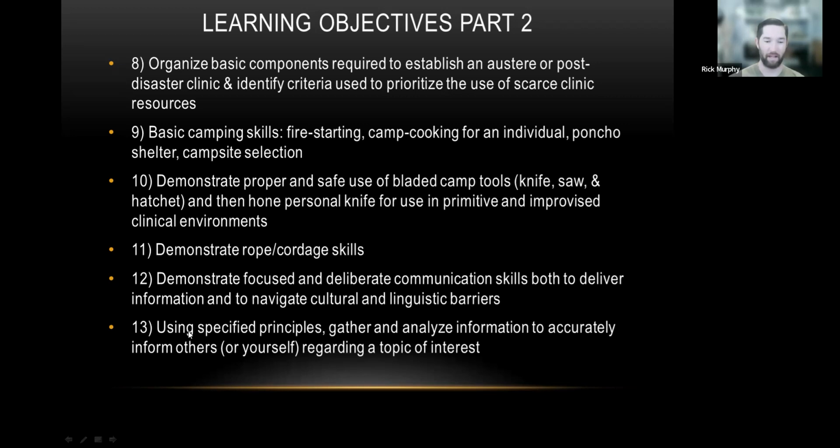And then the last point here, you get to hear about my intelligence background. How do we gather information and accurately inform ourselves and others about a topic without throwing all of our biases and everything into it. How to do it professionally as much as possible.